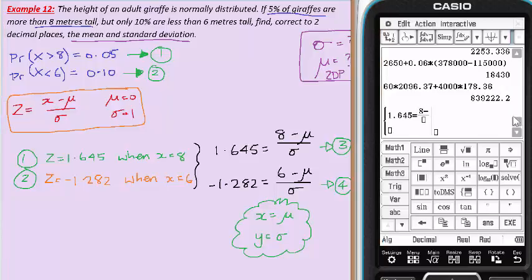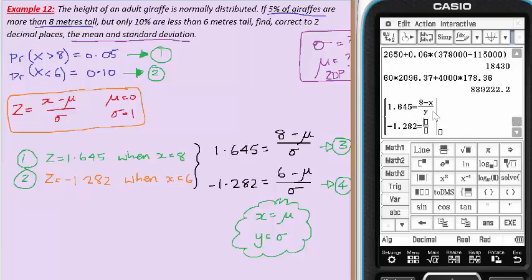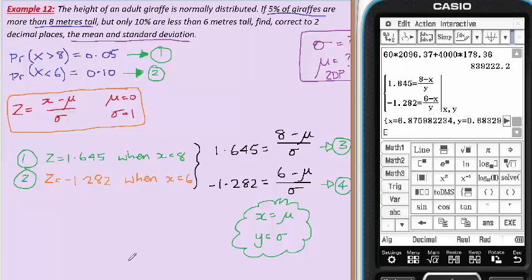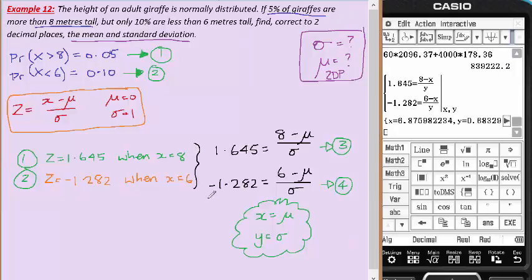So I'll write 8 minus x over y for that one, and then negative 1.282 equals 6 minus x over y, and I want to solve for x and y. That's how to use my simultaneous equations, and I get that x is 6.87, so therefore I'll solve that.